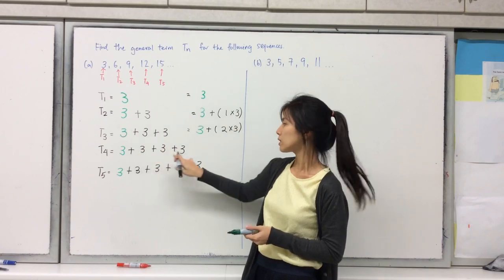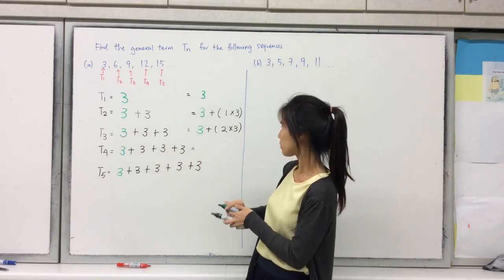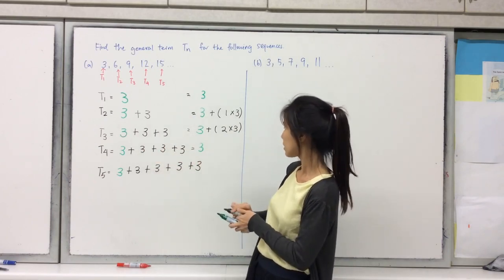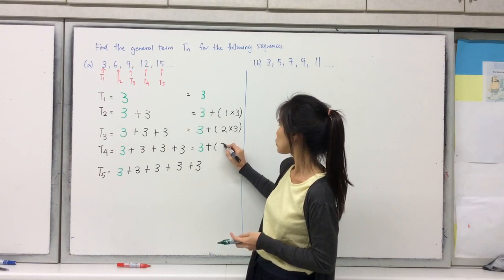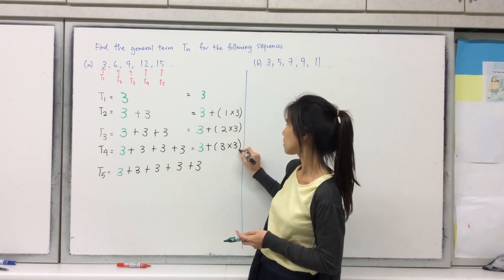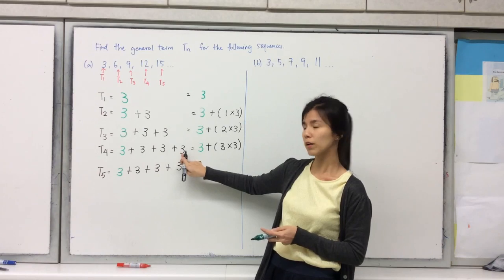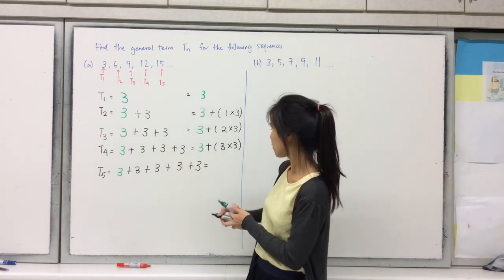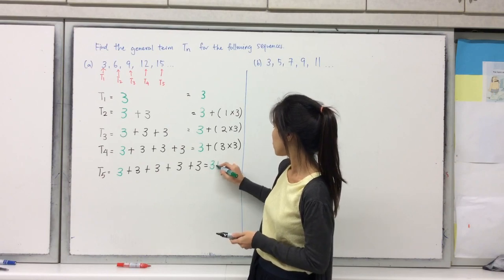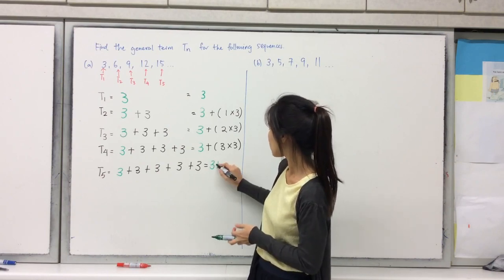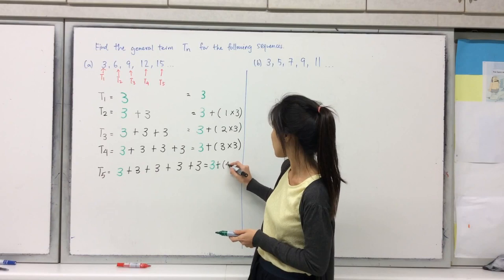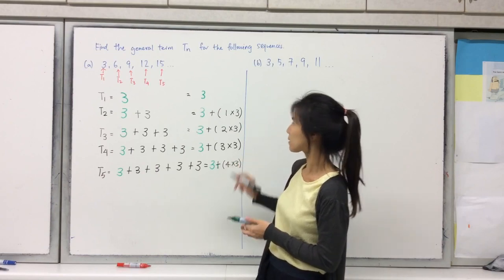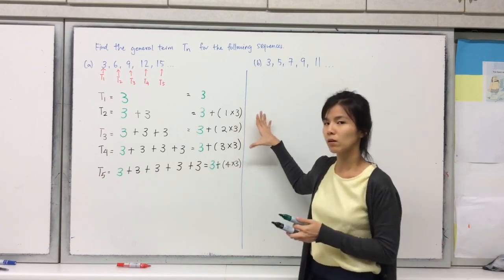Similarly for term 4, we have 3 plus 3 3's: 1, 2, 3. And then for term 5, we have 3 plus 4 3's.